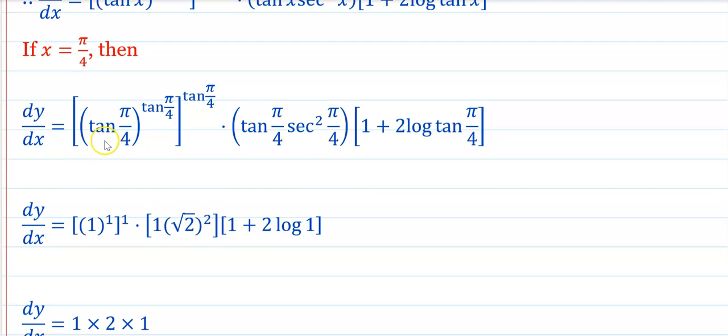What is tan of pi by 4? 1, so 1 raised to 1 raised to 1. This is the 1. Next, tan of pi by 4 is again 1. Sec pi by 4, and that's a square. Sec pi by 4 means root 2, it's squared. This is there. And for the last bracket, 1 as it is, 2 times log of tan of pi by 4. But tan of pi by 4 is 1, means 2 times log of 1. But log of 1 is always 0.